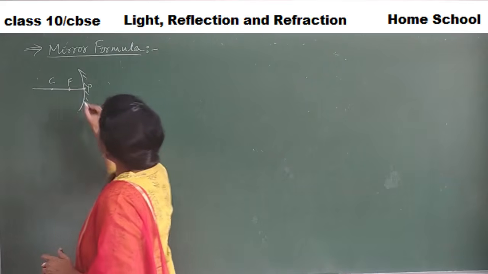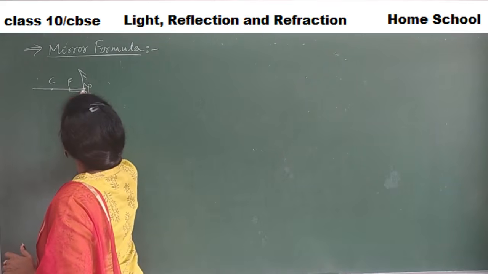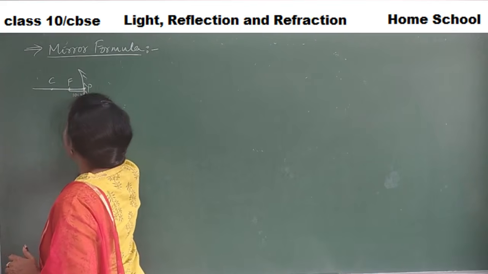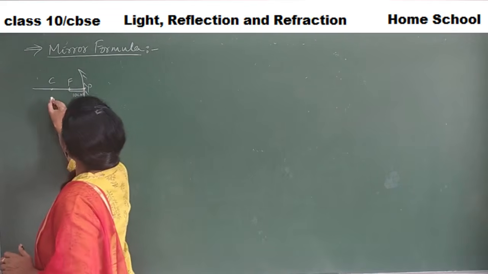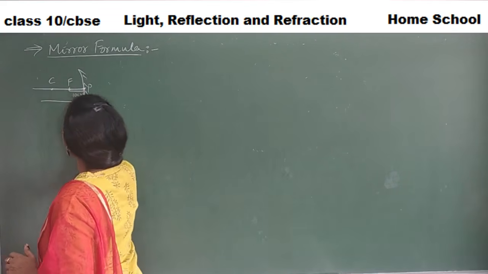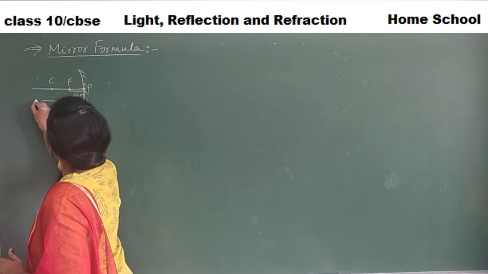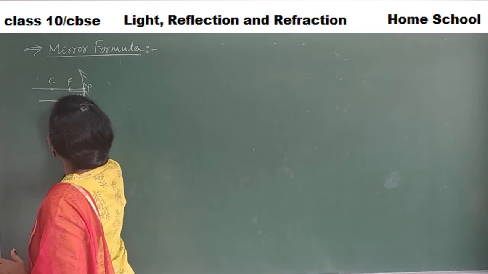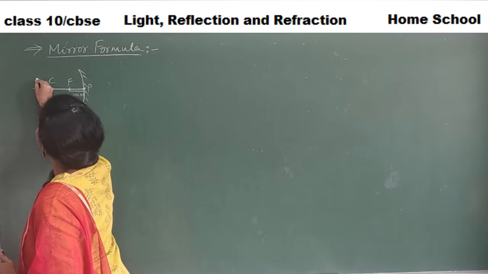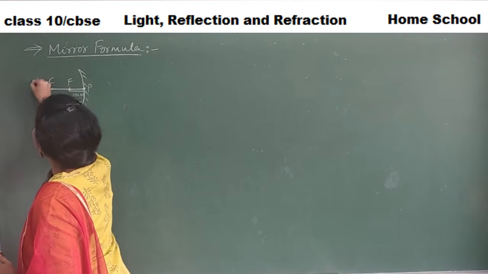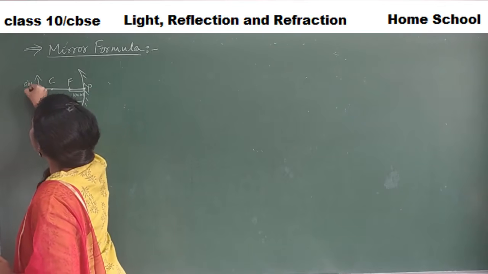Say the focal length is 10 centimeters, and imagine I kept the object at 25 centimeters distance. My object is somewhere here.